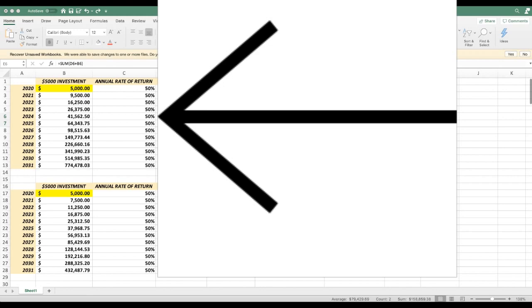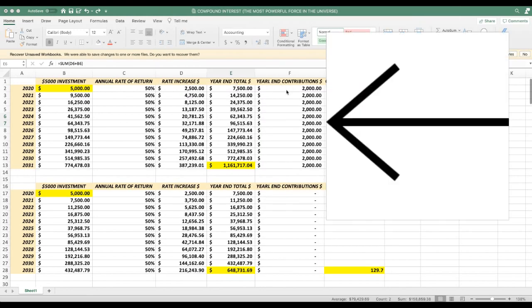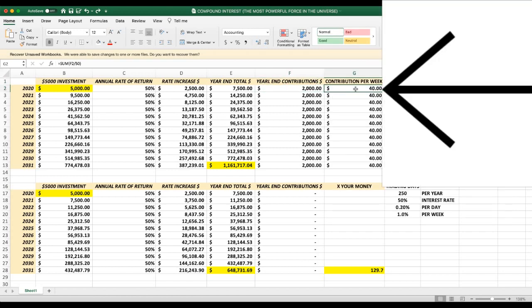And you'll see your rate of increase, you'll see your year-end total, and then if you add any contributions, you'll see them in column F. I suggest that you put in contributions and you'll see why. I put in 2,000, for example, which would be like $40 a week, and have it automatically go into your account, or you can add it all at once from a tax return or from some other source.